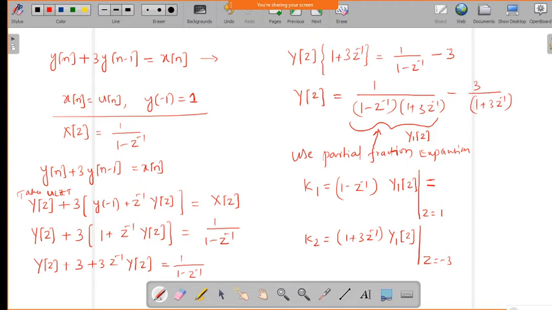So find out these k1 and k2 values and put it here, so you will get the separate terms for y of z, then you can get the complete response.